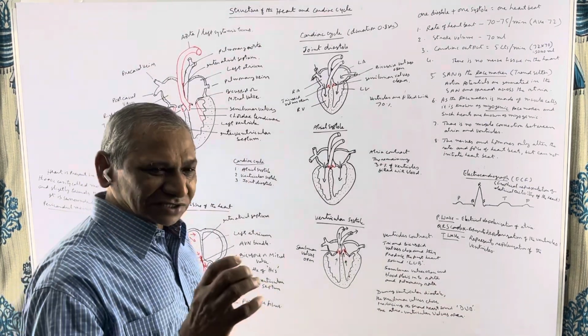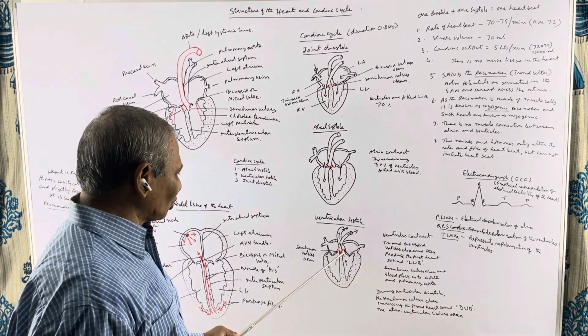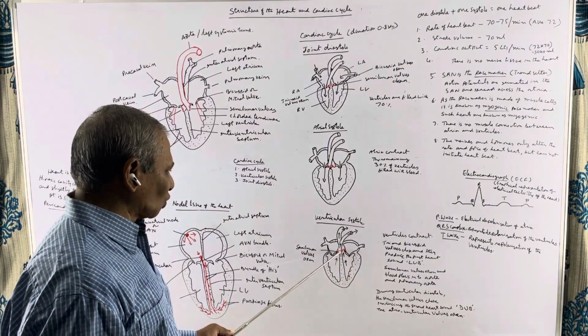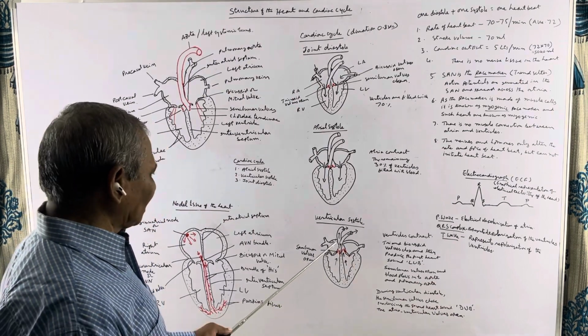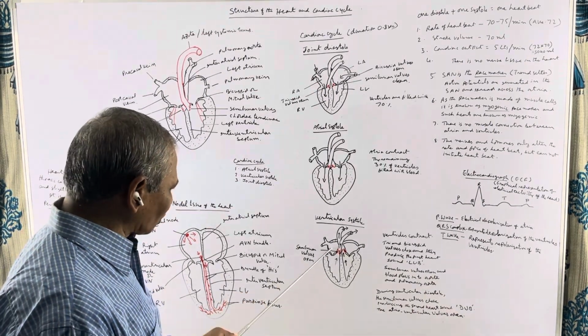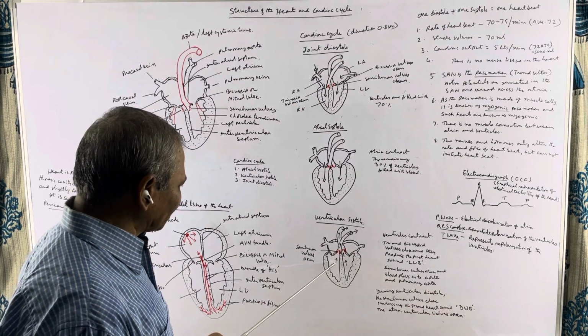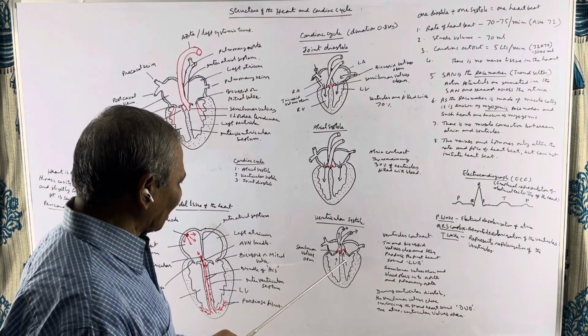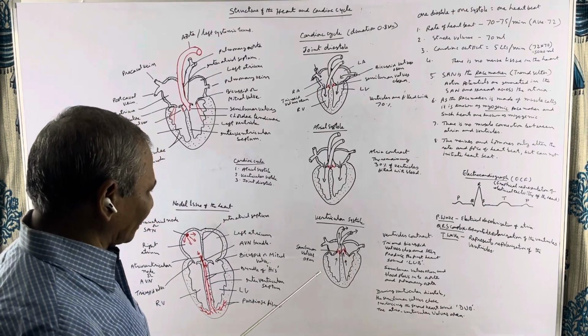Then, as the pressure increases inside the ventricles, the semilunar valves present at the opening of the pulmonary aorta and the aortic trunk open. Now blood can't go back into the atria because these valves are closed. So the only way is this blood can enter the pulmonary aorta and this blood can enter the aorta or the main aortic trunk.